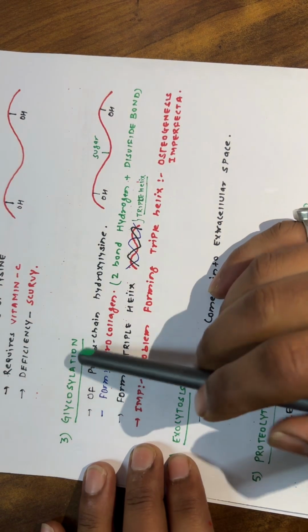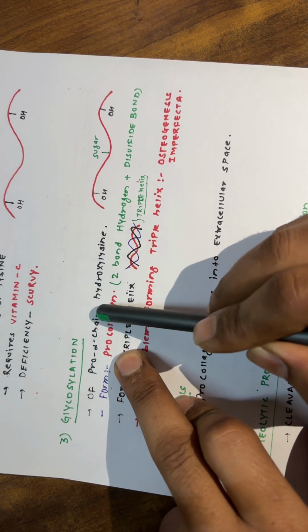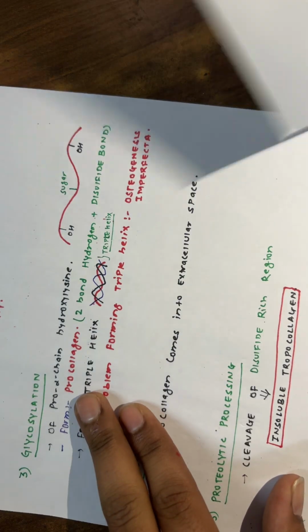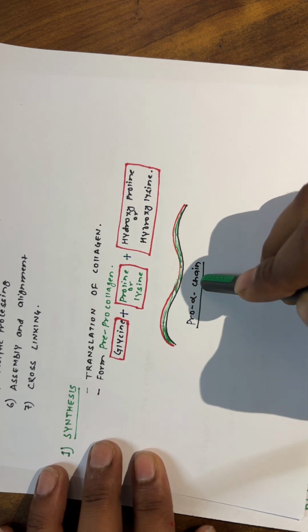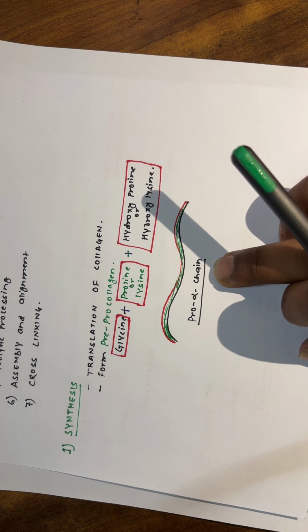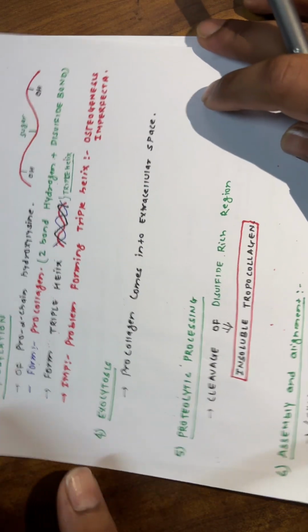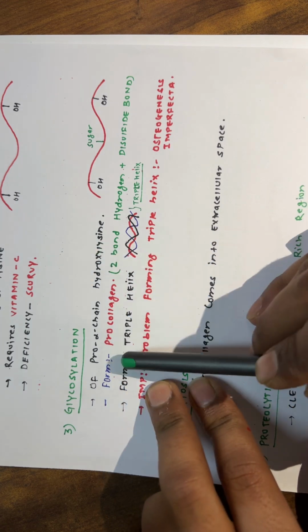Now we'll look at the third step, that is glycosylation. In this step, glycosylation of hydroxylysine in the pro alpha chain occurs. We remember that in the synthesis step the pro alpha chain is formed, and in the third step, glycosylation of the hydroxylysine occurs. In this step the pro alpha chain forms pro collagen.